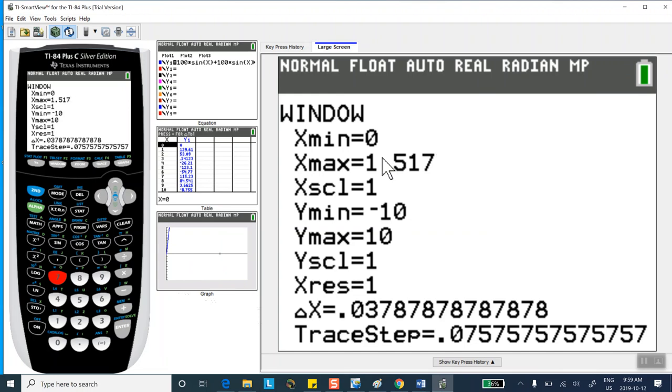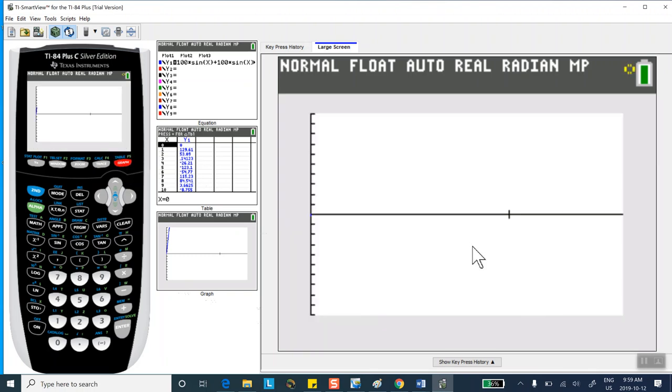Let's do that calculated. 3.1415 divided by 2, 1.57. Now I don't know what the y scale is. We just leave it the way it is and we're going to graph it.